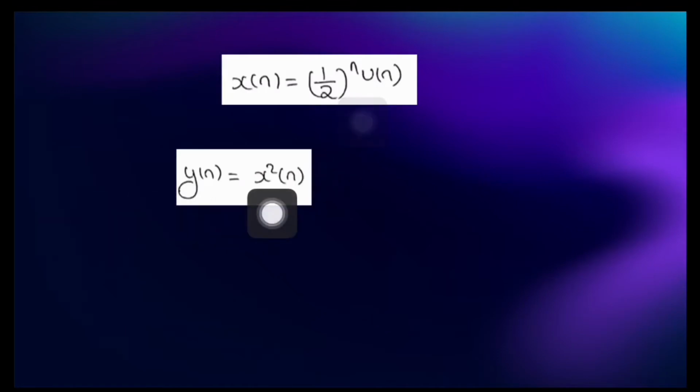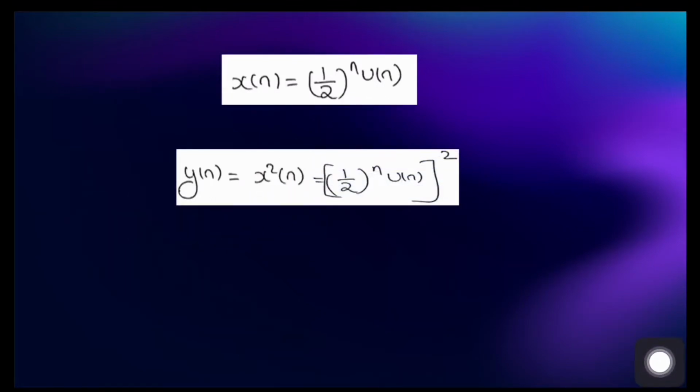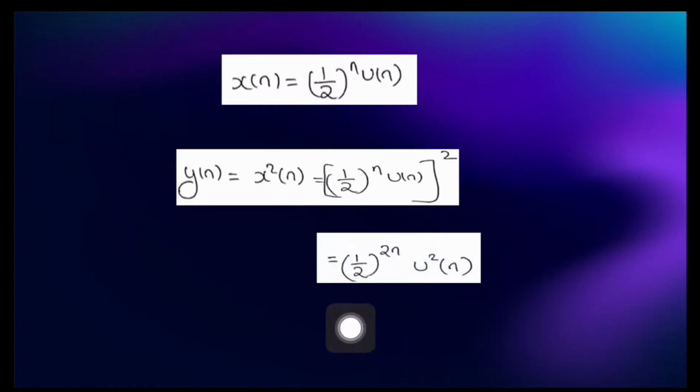When we replace x of n with this expression, we get y of n is equal to 1 by 2 all raised to n u of n whole square, which can be expressed as 1 by 2 all raised to 2n into u square of n. Now, can anybody tell me what is this u of n?